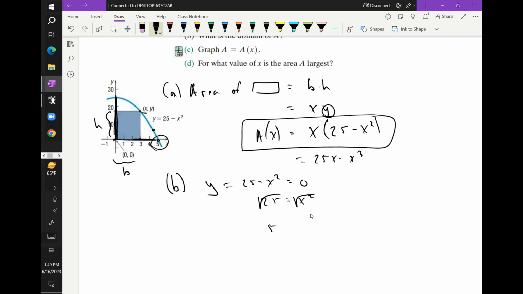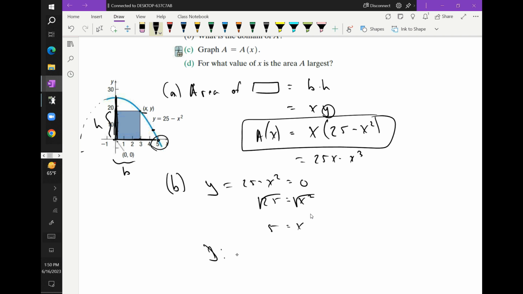If I square root both sides, then I get x equals 5, which indeed is that number. Now, technically in an equation, if I do a square root, it should be plus or minus. So if I would have extended this down, I would have been out here also at -5. However, since our graph is restricted to just quadrant 1, this -5 is inconsequential. Doesn't make any sense, so I don't need that.